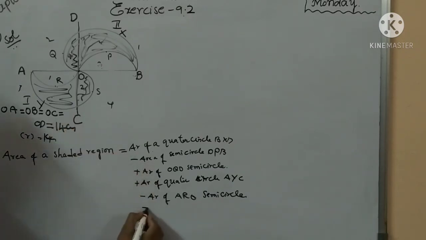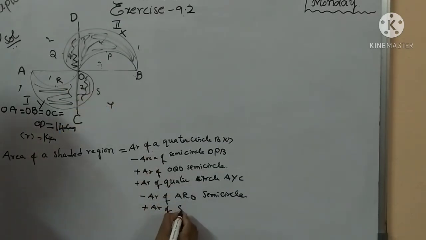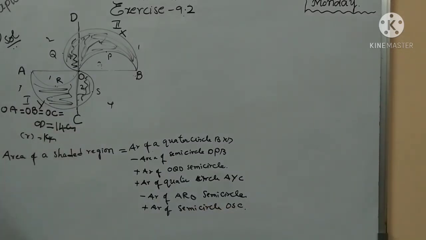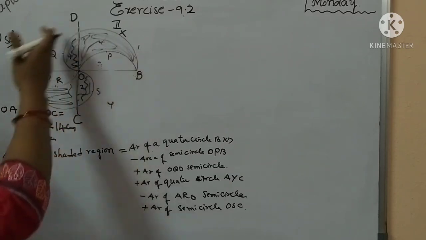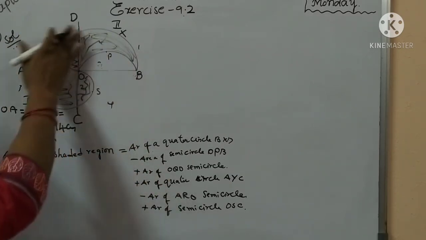Next, finally here, plus area of semicircle OSC. Okay, finally according to the diagram, this is the formula, these are the areas according to the diagram.